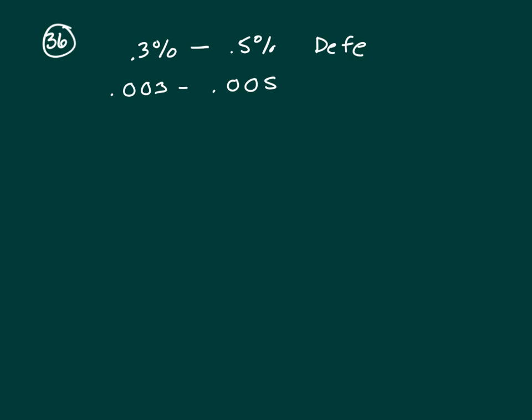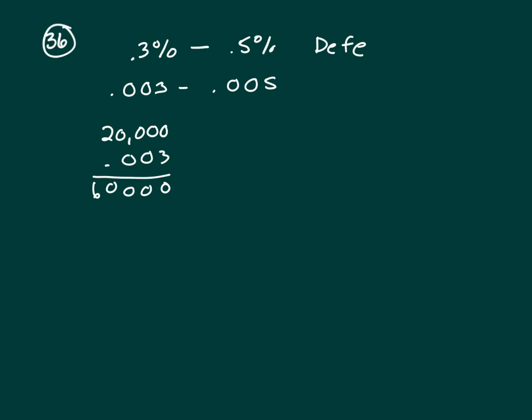We just need to figure out how many units we believe will be defective and then multiply it by 2,500. So we have a total of 20,000 units. On the lower end, if you take 20,000 and you multiply that by 0.003, that's going to give you 1, 2, 3, 4, 6.